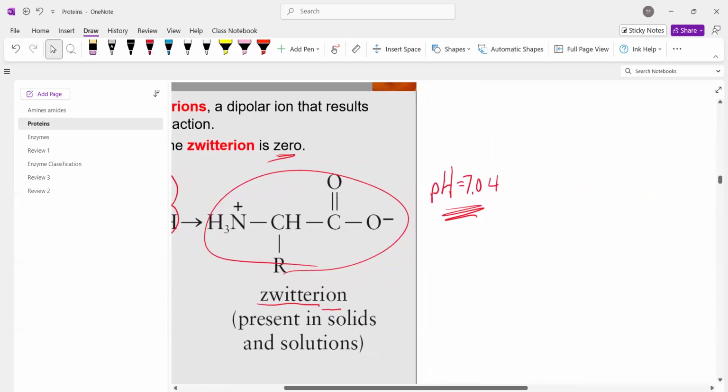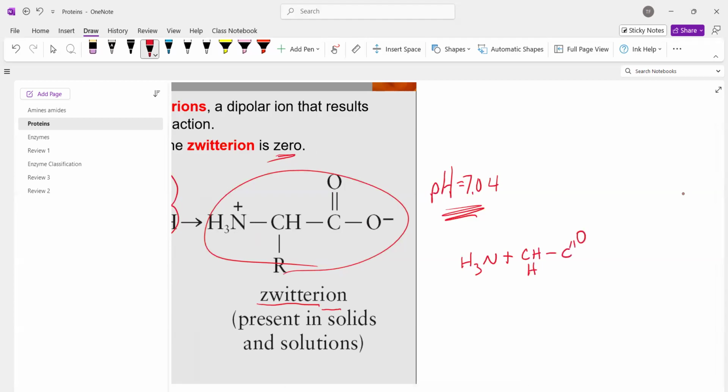Now, when you get an amino acid, let's take glycine, for example. And we put it in the stomach, pH 2.